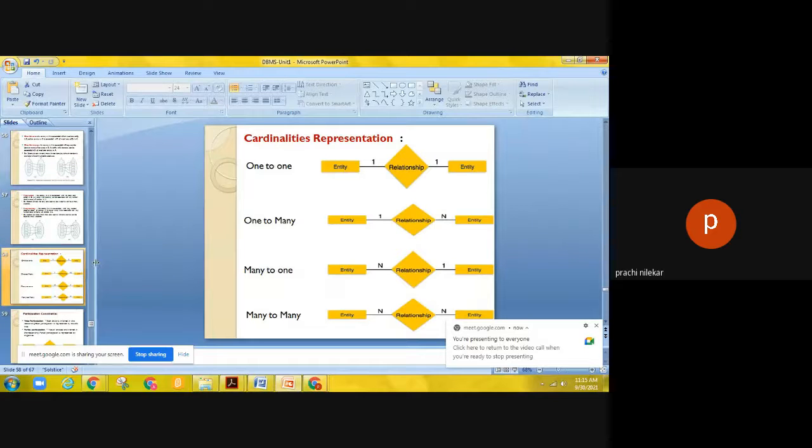Then we can represent the cardinalities in this way in the ER diagram. Between the entities there is a relationship, represented by the diamond and connected by lines. If it is one to one, we write 1 on the left-hand side as well as the right-hand side.